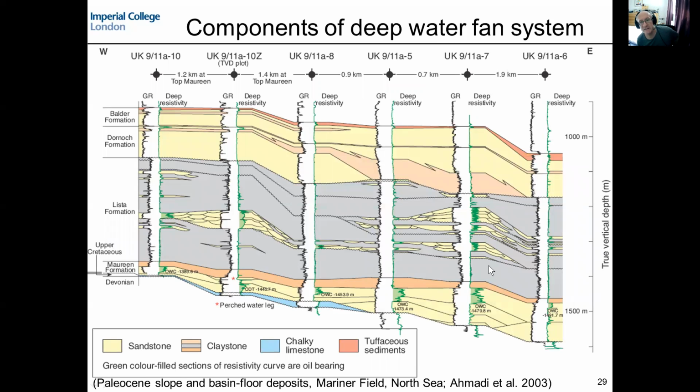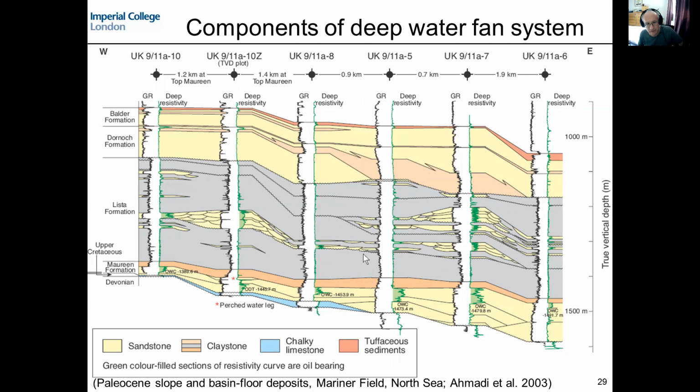If we look at canyons in well-logged data, we're jumping around a bit. This is an example from the Paleocene of the northern North Sea. There are shelf deposits on top, sandy basin floor fan deposits on the bottom, and the grey interval in the middle is the slope. And you can see within here, these wiggly lines are defining the bases of canyon systems.